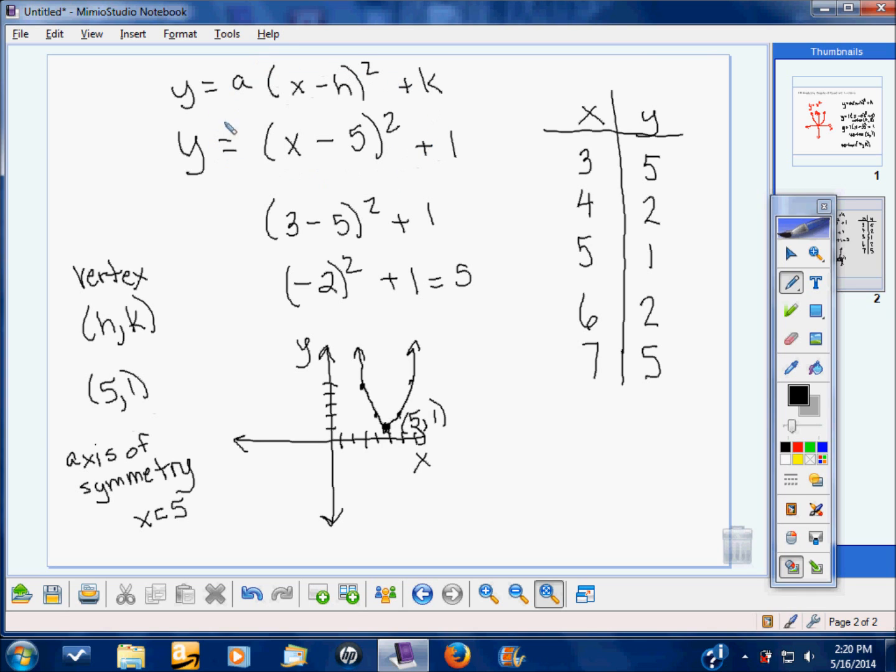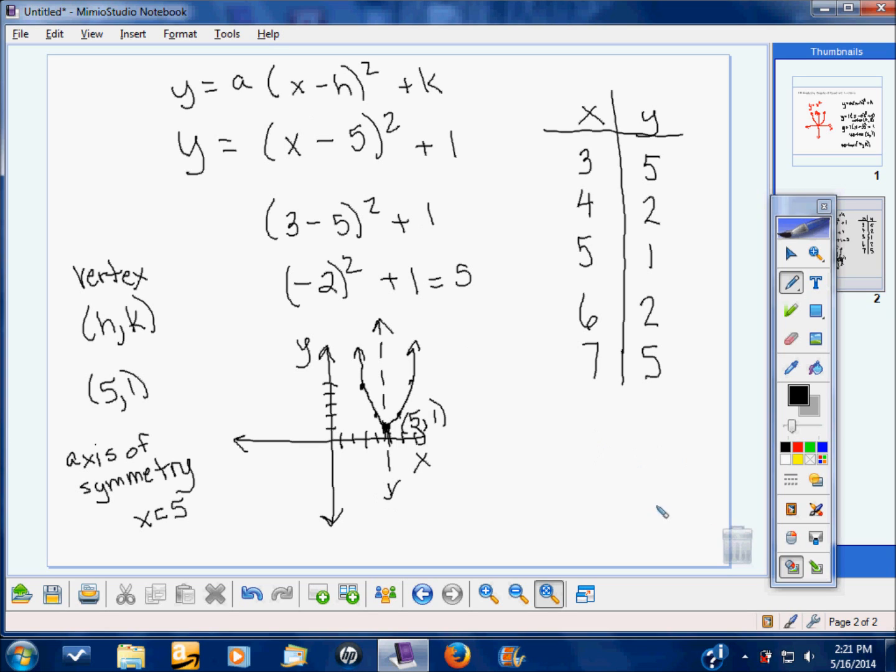When you have a quadratic in this format, x is always going to equal h. And there's your axis of symmetry going right down through the 5. And so putting it in this format is going to be extremely useful.